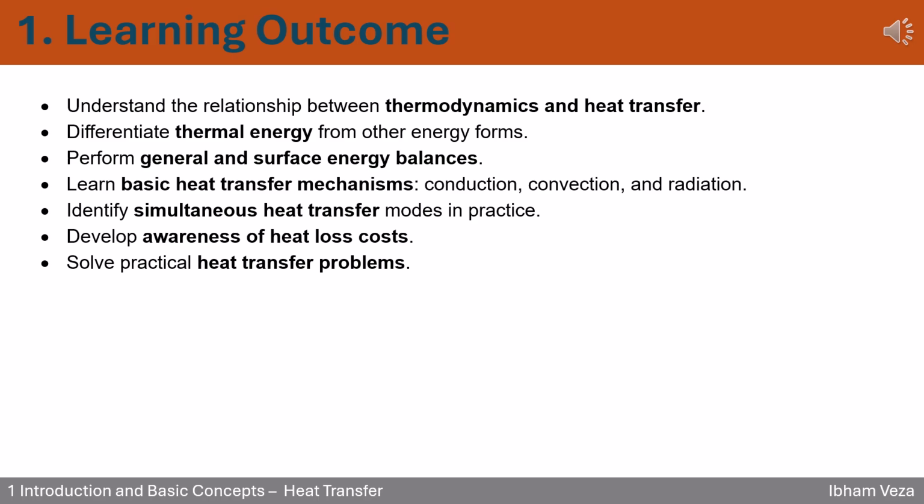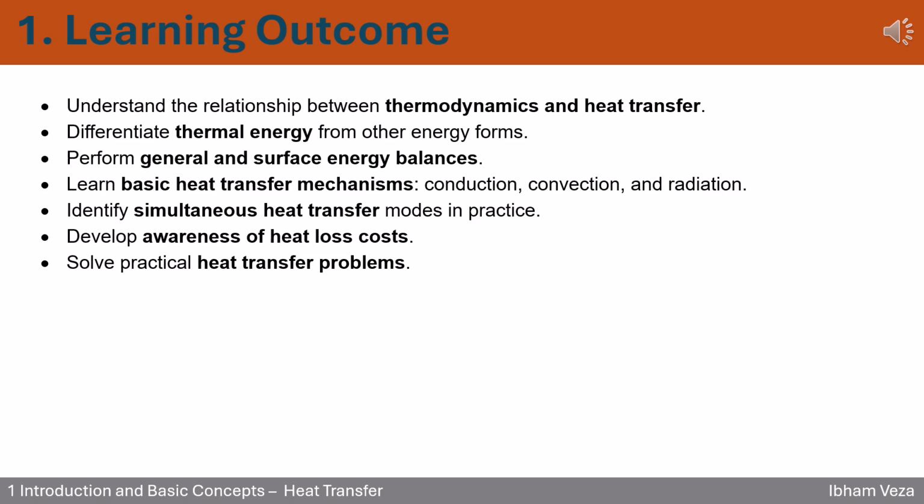1. Clarify your learning outcomes. Let's set clear goals for what you'll learn in this chapter. A good learning outcome tells you exactly what knowledge and skills you will gain after completing the lesson. For heat transfer, the focus is on mastering both fundamental principles and practical applications. You will learn how to connect thermodynamics with heat transfer, identify different types of energy, and perform energy balances.